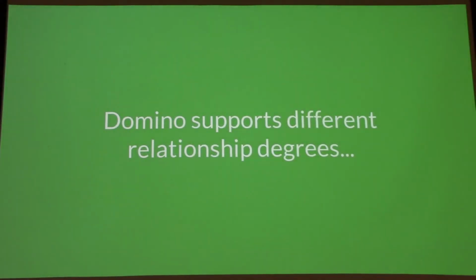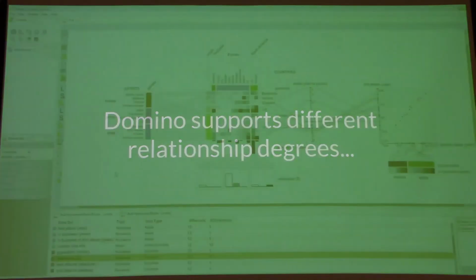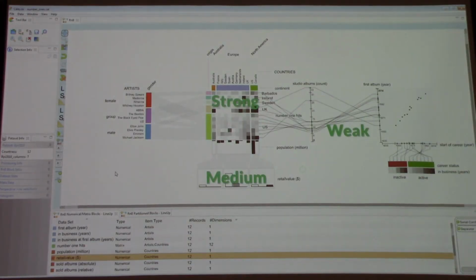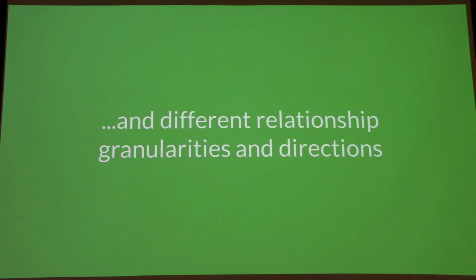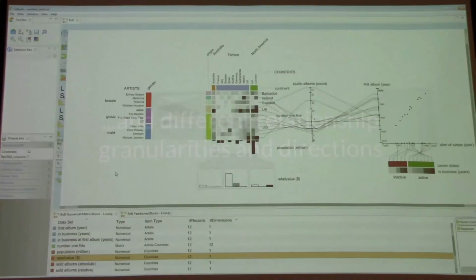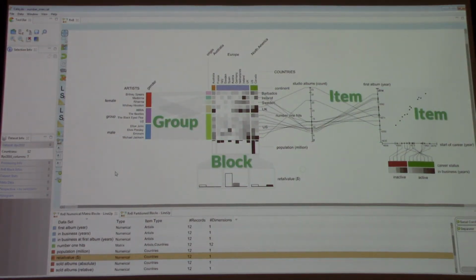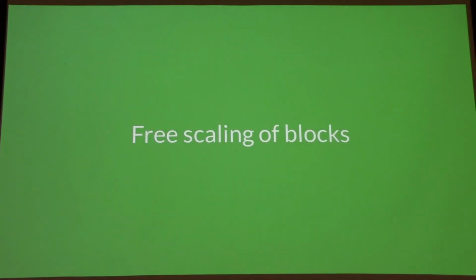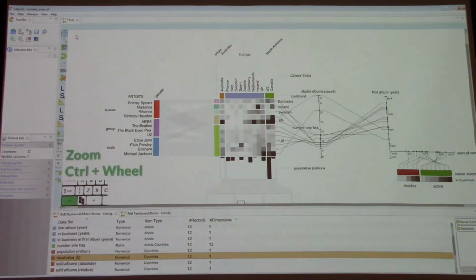Domino supports different relationship degrees, ranging from strong, which preserves the order and the partitioning across blocks, to weak, where relationships are explicitly visualized, as well as different methods to show relationships on a block, group, or on the item level. Blocks can be scaled individually or all at once.